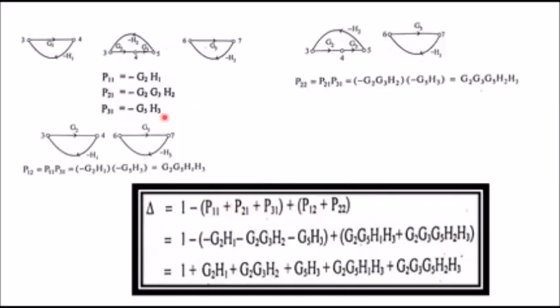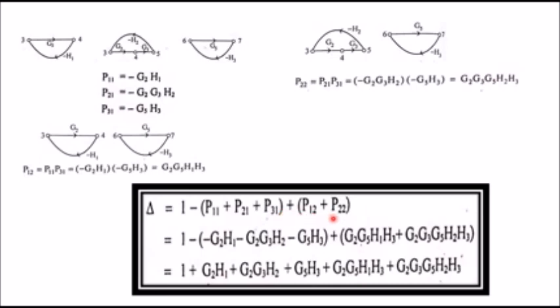So we can see these are individual loops, and these are two non-touching loops, but there are no three non-touching loops possible in this graph. So simply delta is equal to 1 minus P11 P21 P31 plus P12 plus P22.